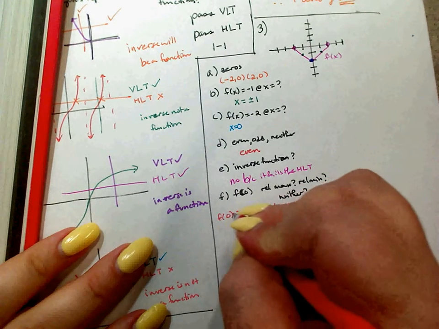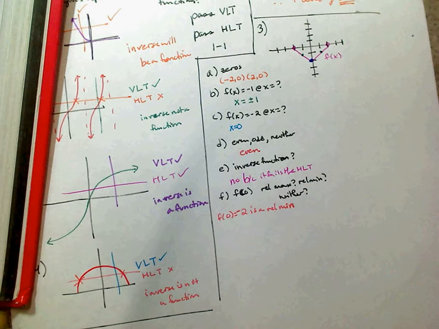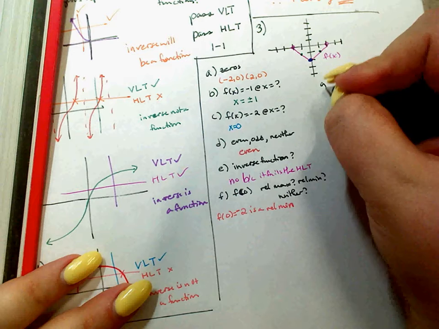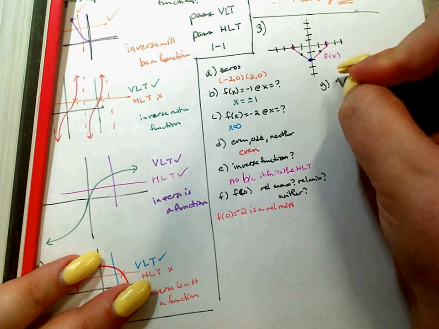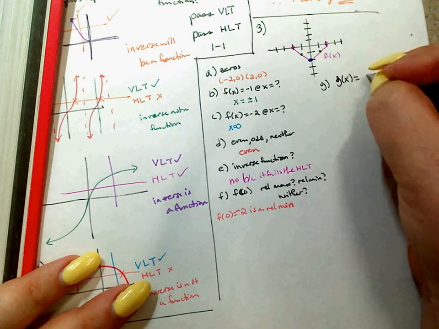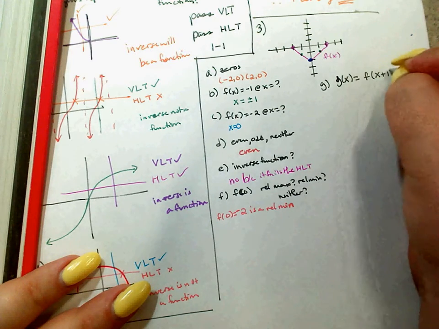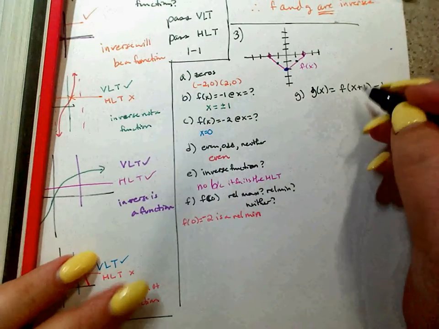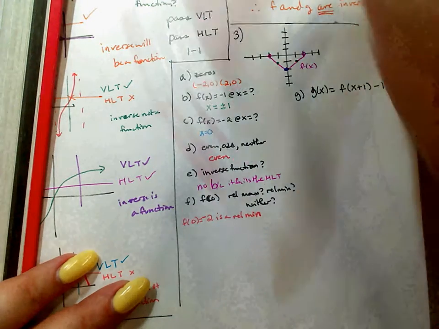All right. Part G. So G is graph g of x, which is f of x plus 1, minus 1. That means take the function and shift it left 1 and down 1.